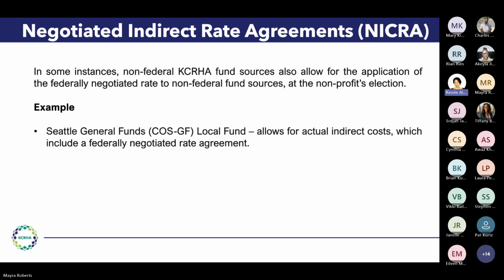But if you elect, you can apply your federal negotiated rate. Most people elect not to because most federally negotiated rates have exclusions, right? And so if I can get my actuals with no cap, then that's usually what I'm going to go with. But right now, Seattle General Funds would also accept a federally negotiated rate agreement if you chose to apply that.